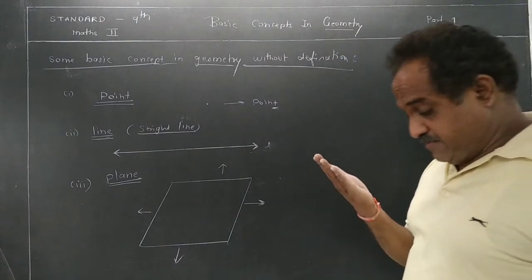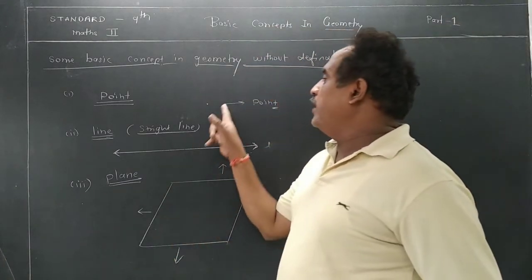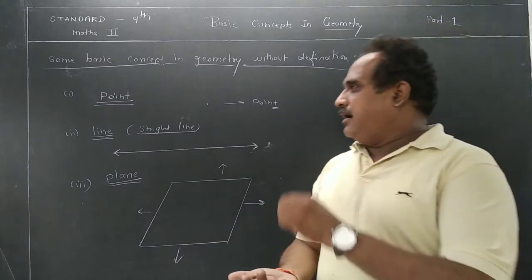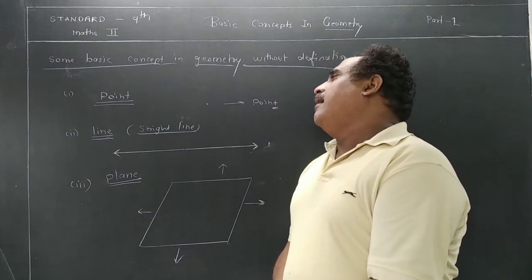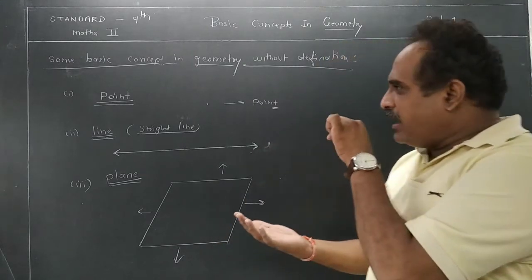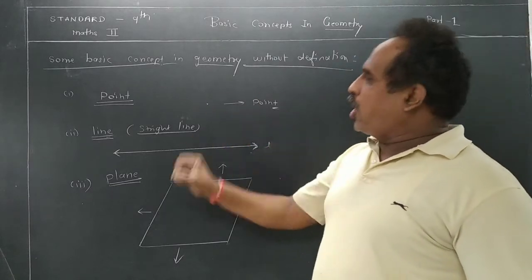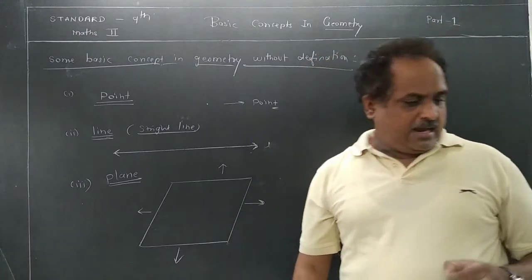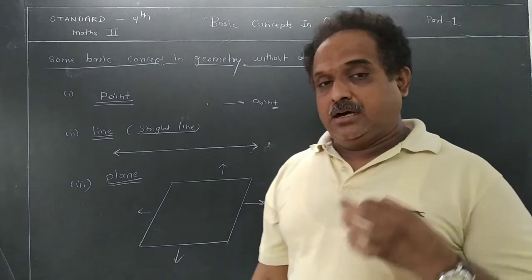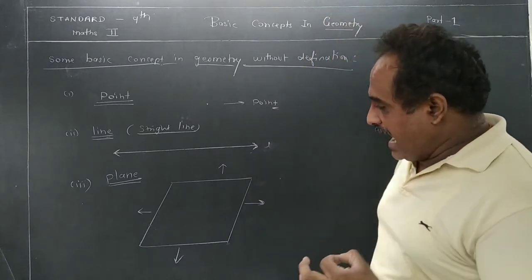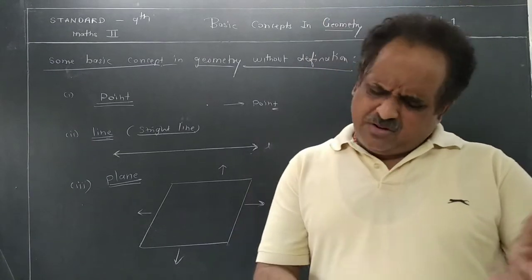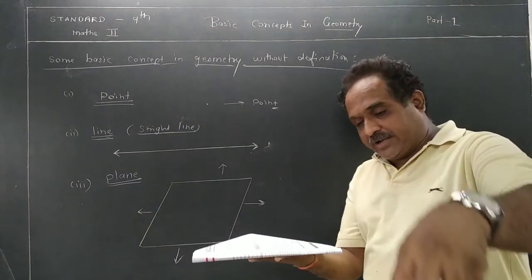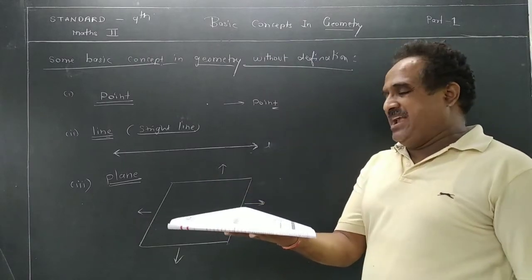Plane is, just imagine that I am going to take a point. Point means what? Pointed pencil, we are going to make a point, and that dot is called as what? Point, right? Now just imagine that I am going to take a point and place it on the table, or on this page.